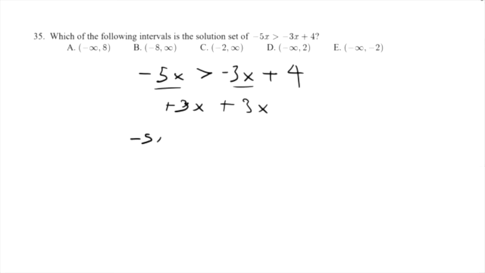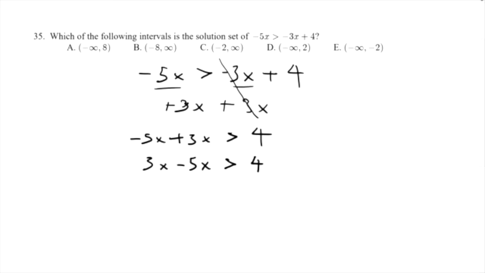This gives us negative 5x plus 3x greater than 4, since negative 3x plus 3x cancel each other out. So we're left now with this new inequality, which is really saying 3x minus 5x over 4.